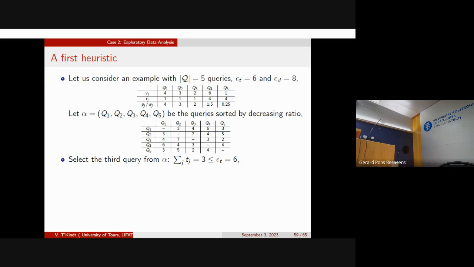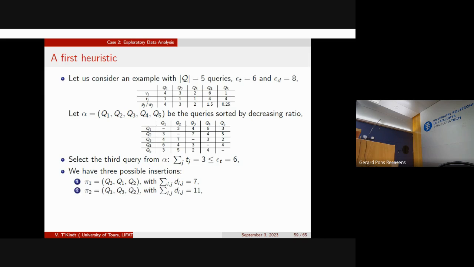Then I iterate. I select the third query, Q3. The sum of processing times is 3, lower than 6, so it's still feasible. I have 3 possible insertions: Q3 in the first position, second position, or last position. If I put it in the first position, the total distance is 7, that's feasible.